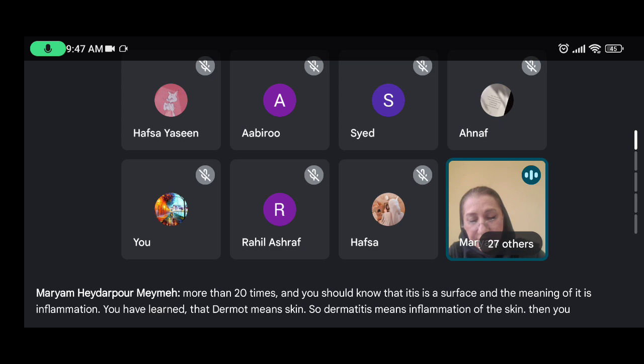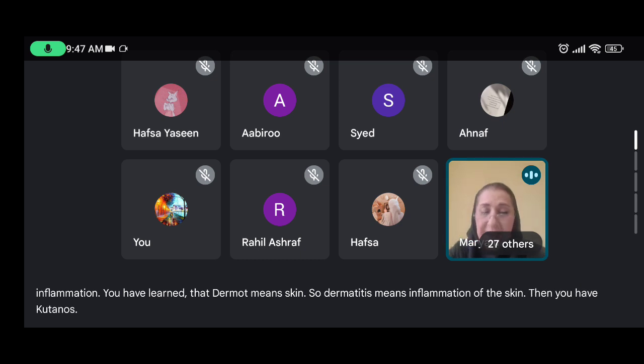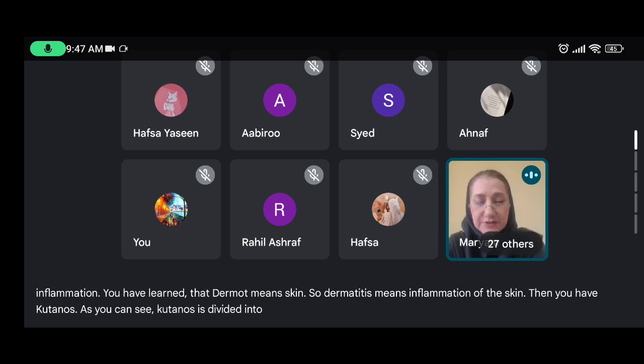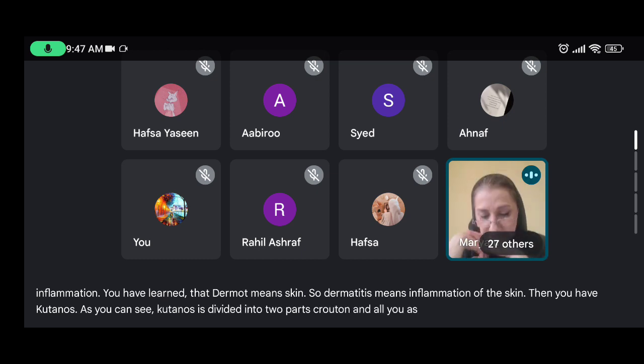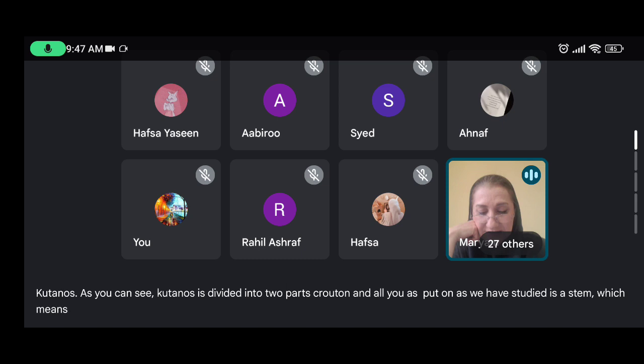Then you have cutaneous. As you can see, cutaneous is divided into two parts, cutan and ous. Cutan, as we have studied, is a stem, which means skin.